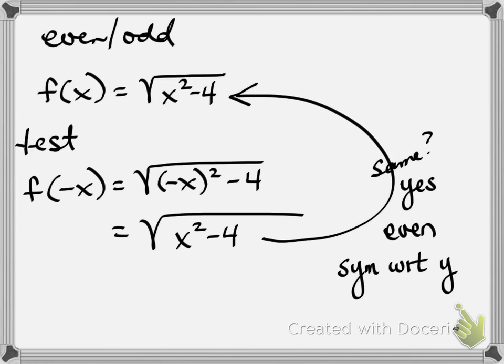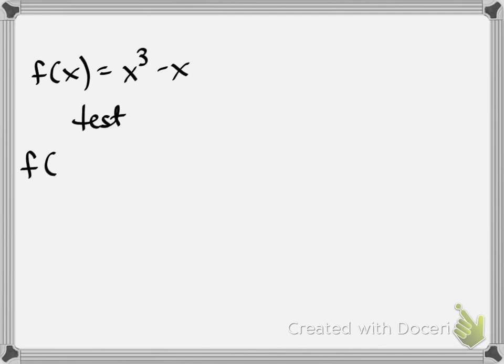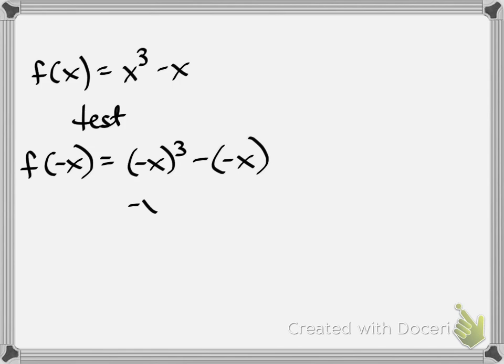Hopefully that helped. Let's do one more. Let's do an odd. Now you know it's odd though, don't you? Let's do f of x equals x cubed minus x. So let's do the test. Plug in a negative x. That gives us a negative times a negative is a negative.